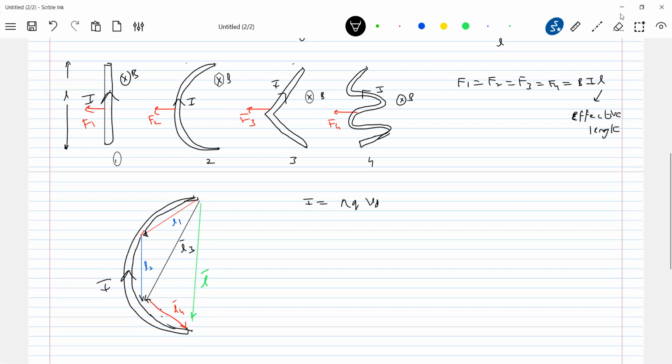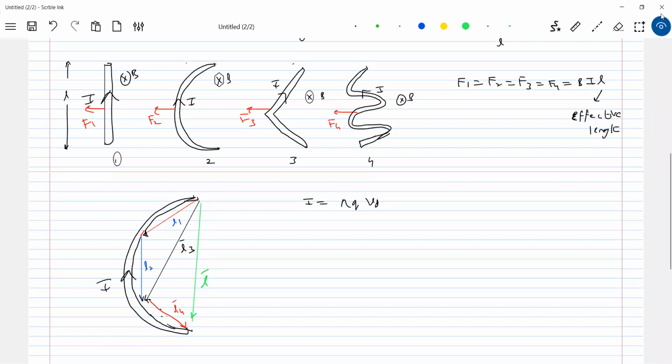So when the charged particle moves from here to here, what is the net displacement it has undergone? I think we are able to calculate the net displacement. So substitute that in terms of the drift velocity also, you can analyze. So when it moves from one end to another end, what is the net displacement? Equal to this L bar only.